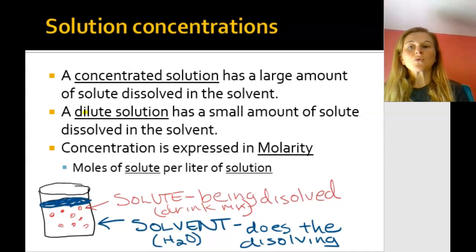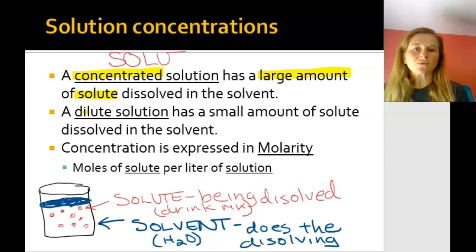Okay, so going back to talking about concentrations of solutions, when we have a concentrated solution, we have a large amount of solute dissolved in the solvent. So if I were to draw a visual aid of this, I would have a whole lot of solute, right?